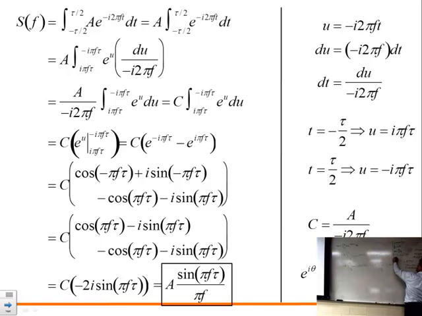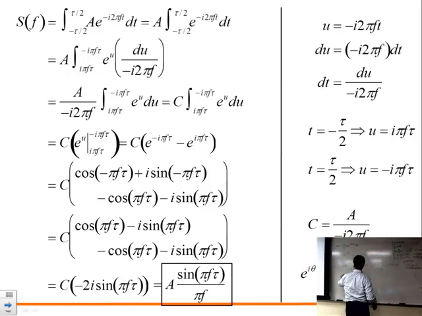And if t is plus tau over 2, then y is positive pi f tau. So I'm going to do that in both places.